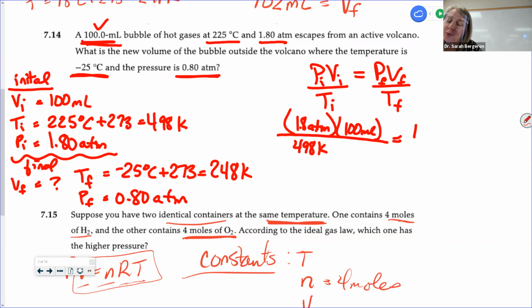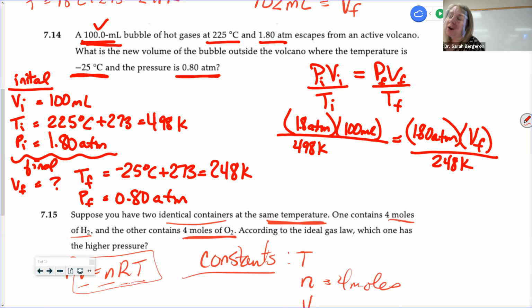Pressure final is 1.8 ATM. Okay, my volume final is my unknown, and my temperature final is 248 Kelvin. So what I like to do is just flip this.